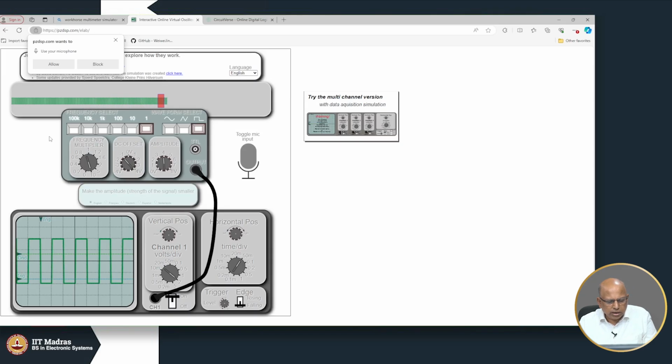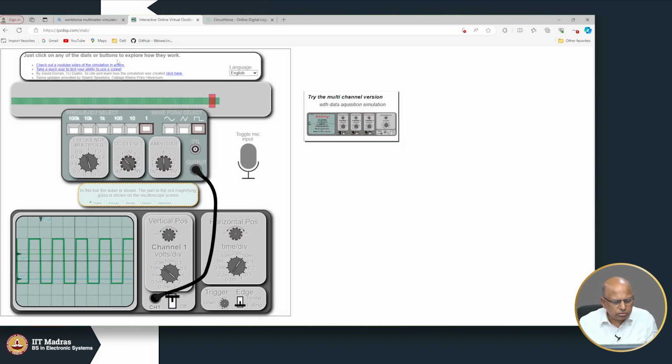Okay, sometimes you get an audio signal from the music, from the speaker, etc., from the microphone. You may be able to measure the voltage on the oscilloscope. Okay, I think this particular one may not allow that.